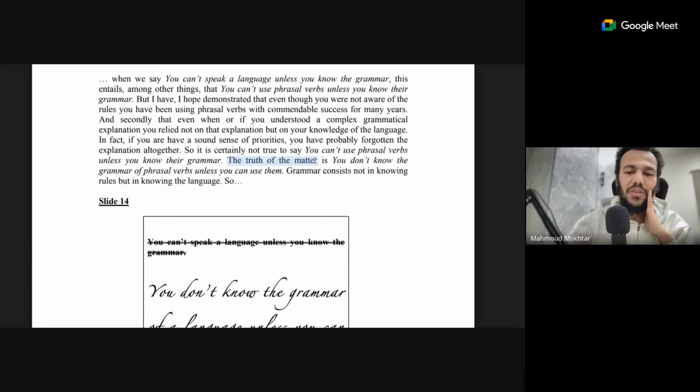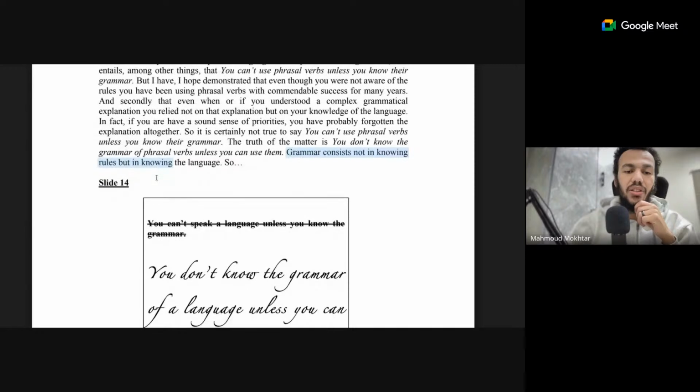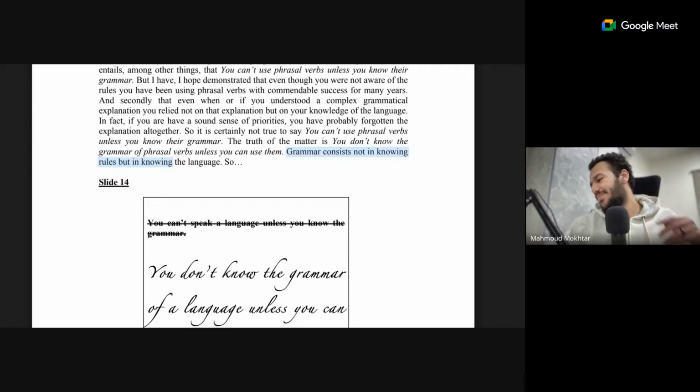The truth of the matter is you don't know the grammar of phrasal verbs unless you can use them. So you use them first and then you know the grammar. Grammar consists of knowing rules, but in knowing the language. Okay.